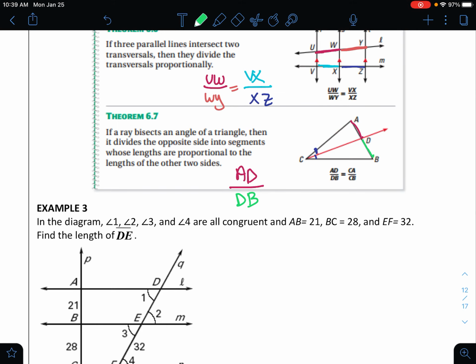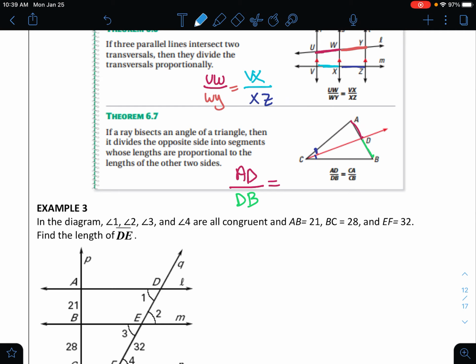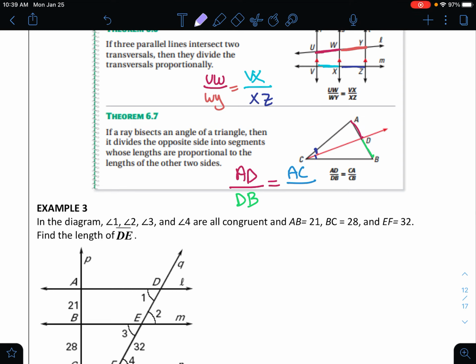So it's saying AD over DB, so the two short sides that the ray has gone through, is equal to AC, or CA, over BC. What I want you to notice is these two sides right here really come out of the same triangle, so to speak.